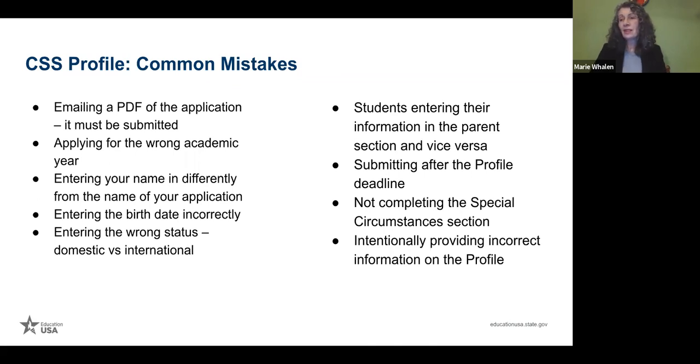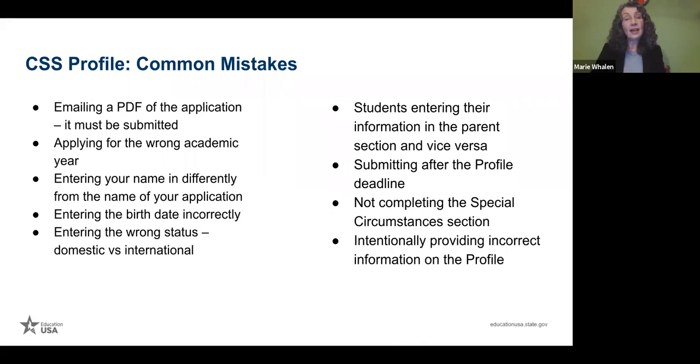So often students will send an email with an attachment of their application. I get those all the time to my email, even though I don't process the financial aid applications. Colleges can't use the application page that students submit, however.